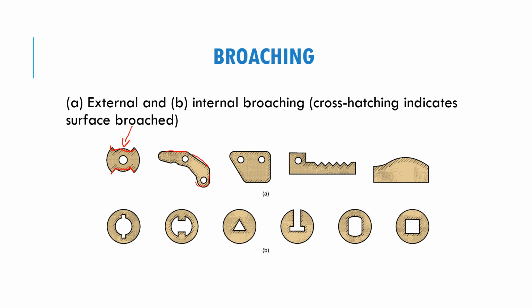And this is internal broaching, where the keyway and the part here is produced inside of the work material. So that's how the internal and external broaching work.